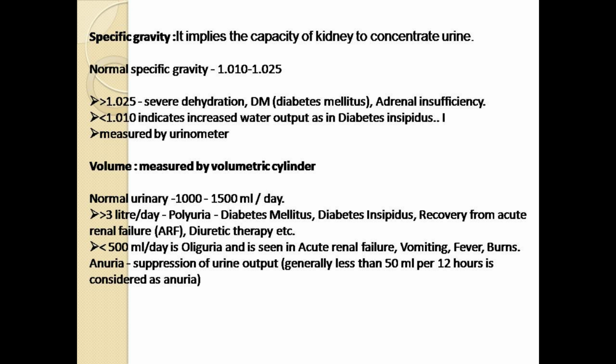If the volume is less than 500 ml per day, the condition is known as oliguria and is mostly seen in acute renal failure states, or if the patient is suffering from vomiting, fever or burns. Anuria is the suppression of urine output, generally less than 50 ml per hour, and it also denotes that a lesser amount of urine is excreted per day.